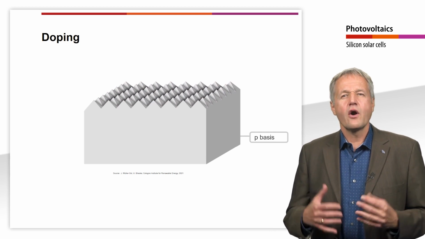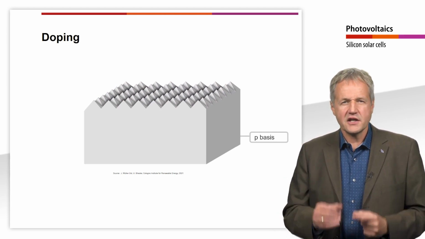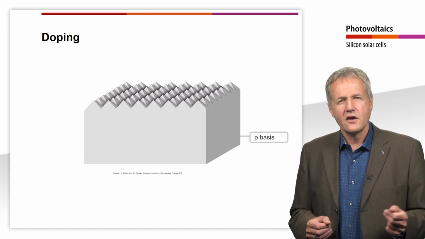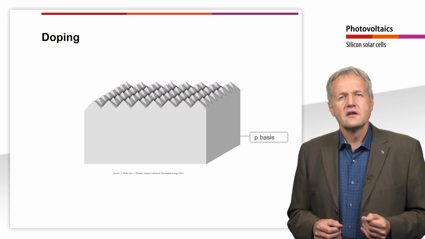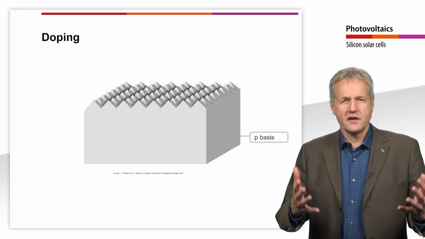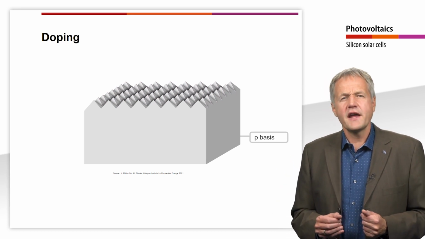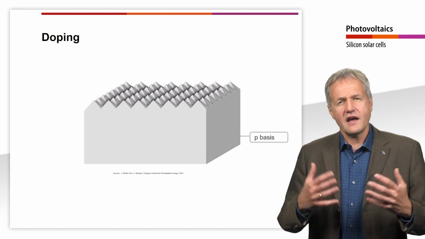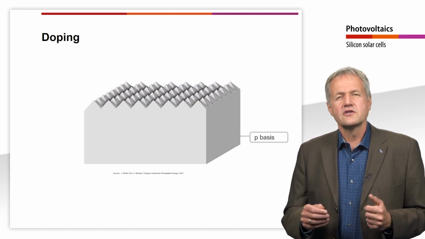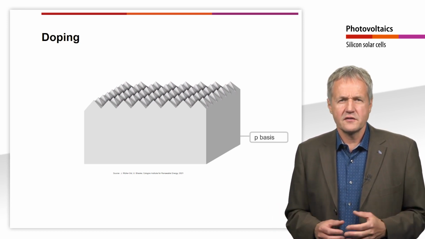However, as we already know, for a solar cell we need a p-n junction, that is, a p-doped and an n-doped layer. The n-doped layer is still missing at the moment. To produce the n-type layer, the wafer is heated in an atmosphere with a gaseous phosphorus compound to a temperature of about 850 degrees Celsius.